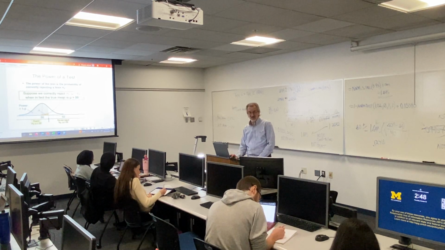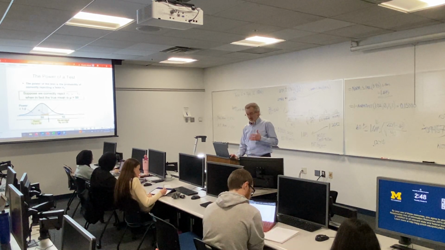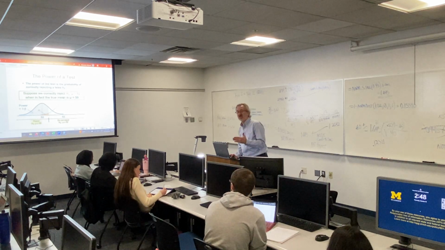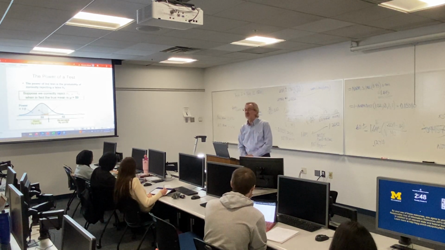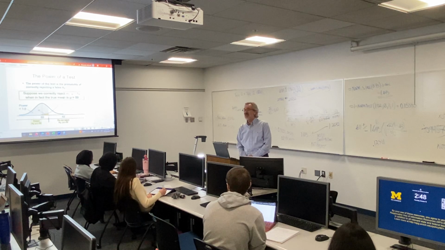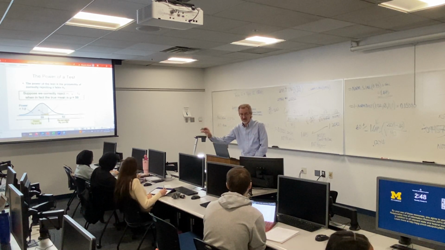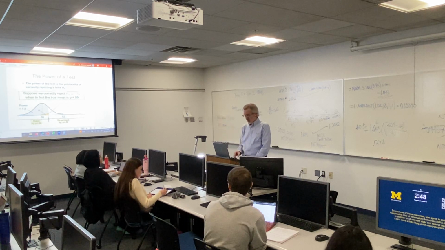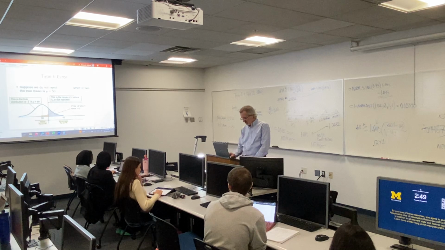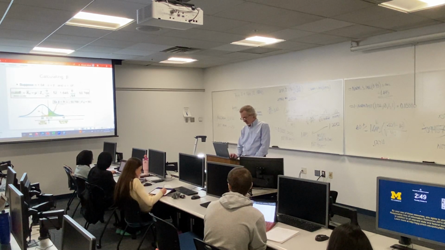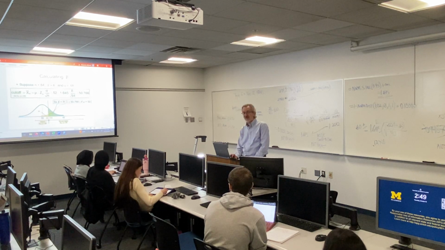It wasn't 52, it was 50. What's the probability of you committing a type 2 error, which means you accidentally didn't reject the 52 when you should have? Everybody with me? That's the question. Also, what else is given to you? The standard deviation is 6, the sample size is 64, and we're using 5% significance.